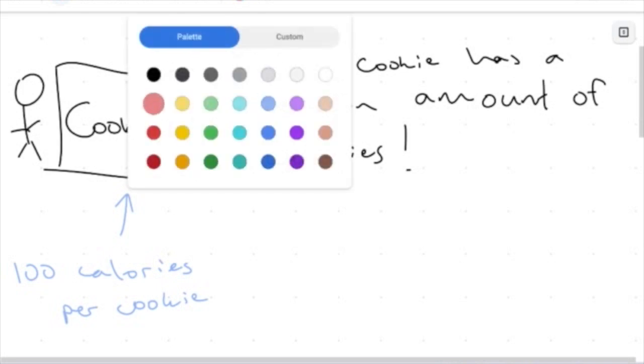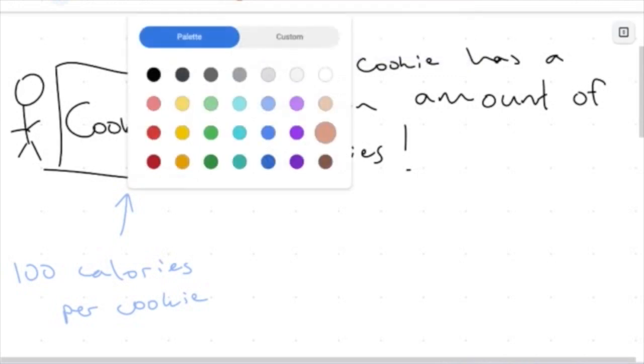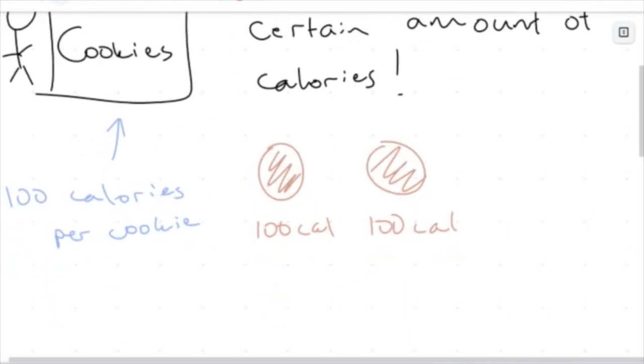So that means if I have one cookie, let's draw this in a cookie color, we'll go brown. If I have one cookie, that is 100 calories. Another cookie is going to be 100 calories. So how many calories, for example, do I have altogether? Well, if I have 100 calories for one cookie, I can say that I have 200 calories for two cookies.